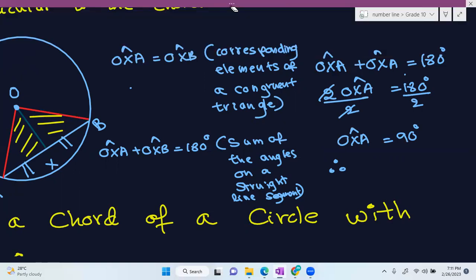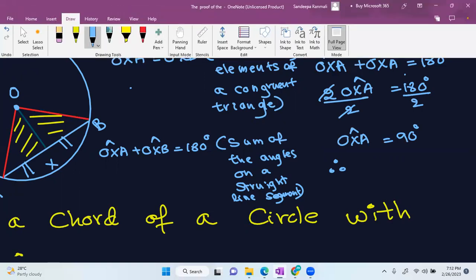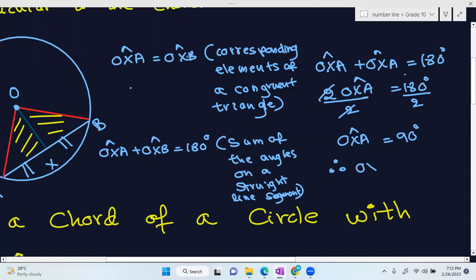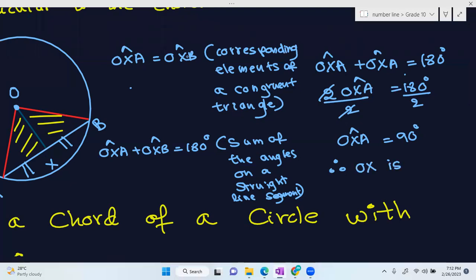That means if a straight line segment intersects another straight line segment forming a 90 degree angle at the intersecting point, we can show that OX is perpendicular to AB. Did you understand?